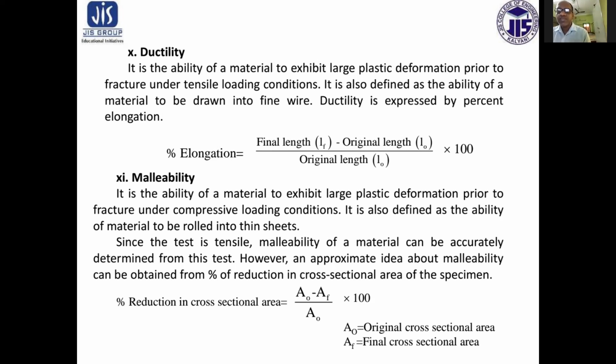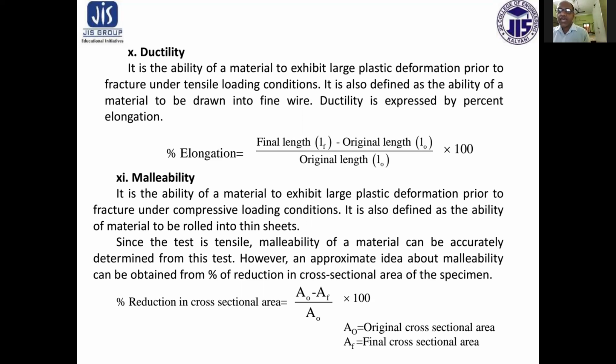Malleability. It is the ability of a material to exhibit large plastic deformation prior to fracture under compressive loading conditions. It is also defined as the ability of a material to be rolled out into thin sheets. Since the test is tensile, malleability of a material cannot be accurately determined from this test.